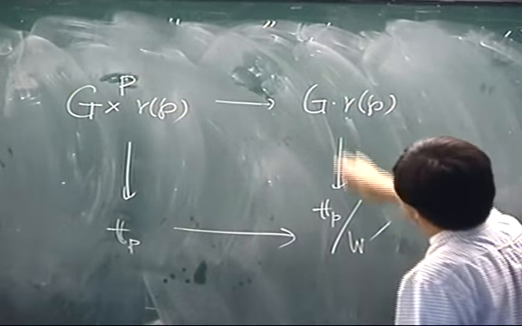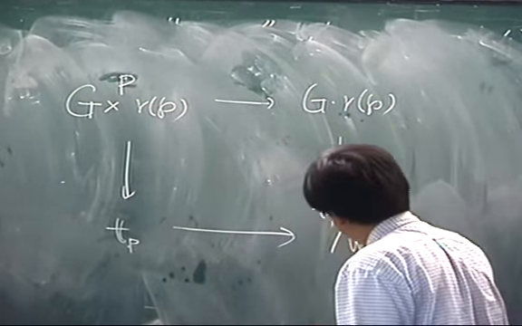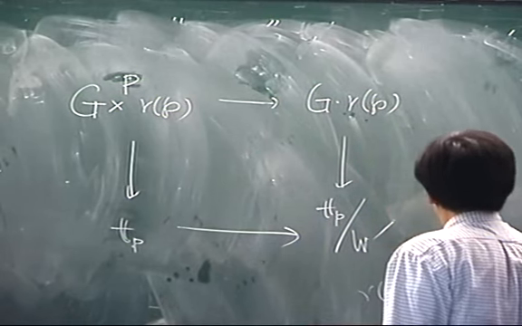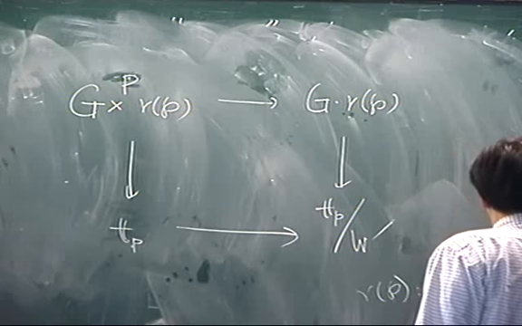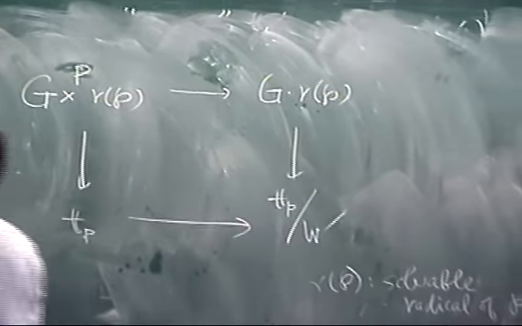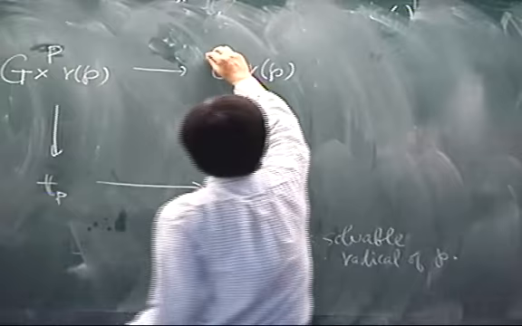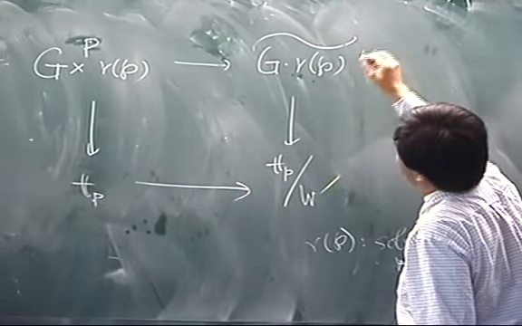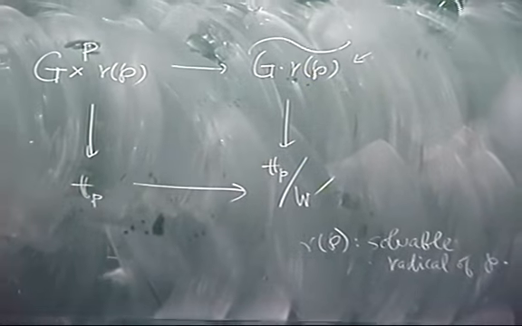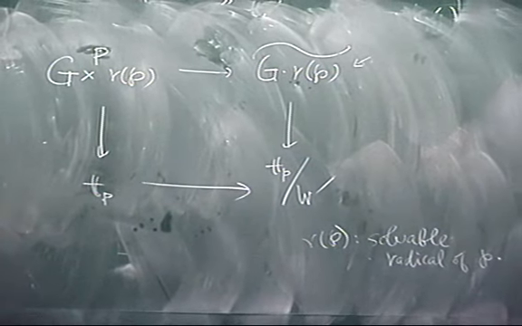And this is a solvable radical of p. Okay. And take its normalization. Then this is the Poisson deformation of the original.